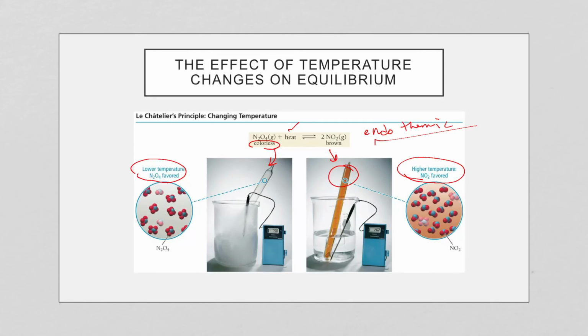So changing the temperature is another disturbance of the equilibrium. Now, the one big difference with this third example, temperature, compared to what we saw with changing concentrations or pressure and volume changes, is that under temperature changes we don't reestablish the same value of K. We generate a new value of K, because that equilibrium constant is temperature dependent.